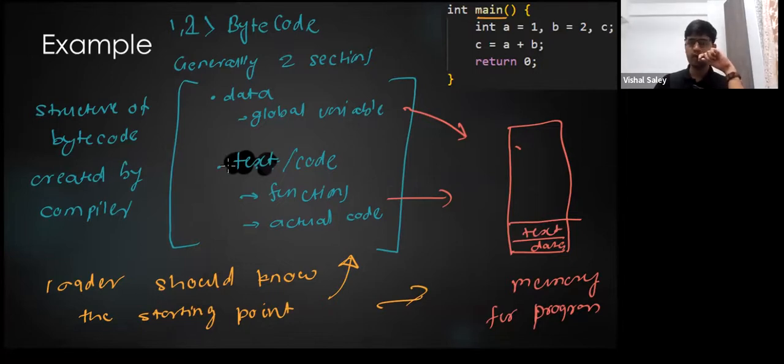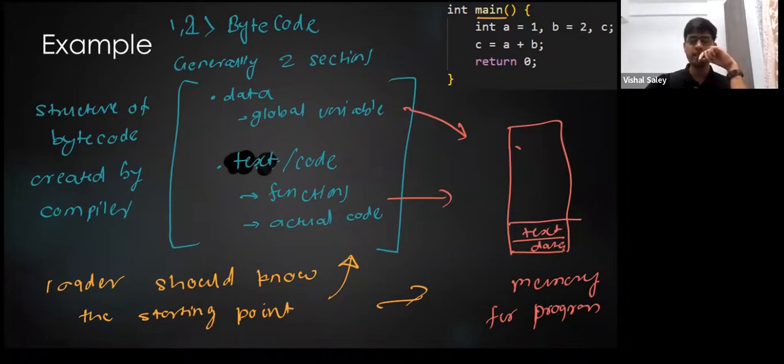Yeah. So the compiler follows that structure. Whatever you generate out of the compiler will basically follow that structure. That is for sure. Is this understood? This is why execution starts from main.